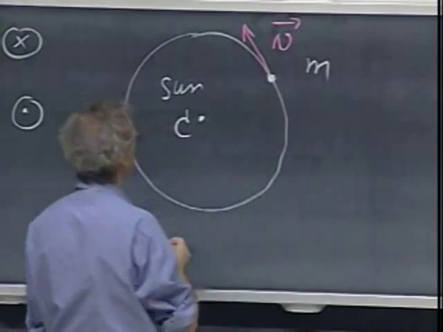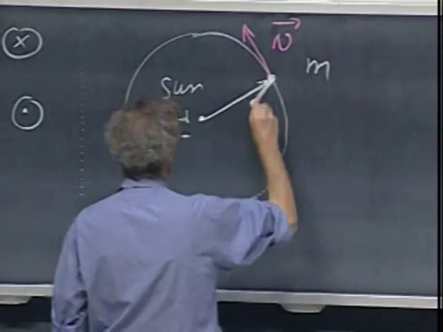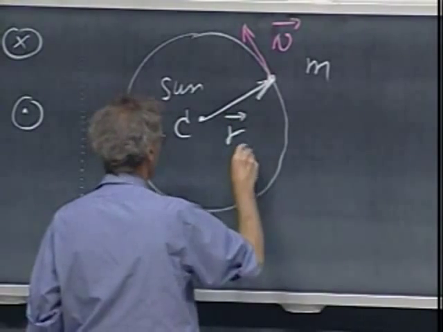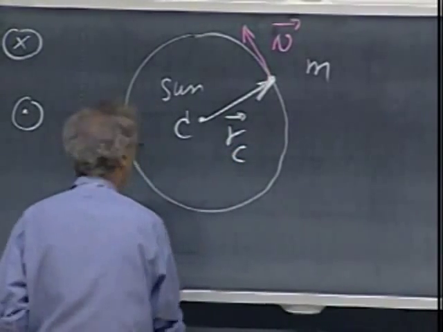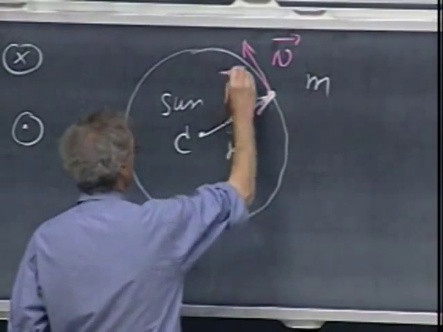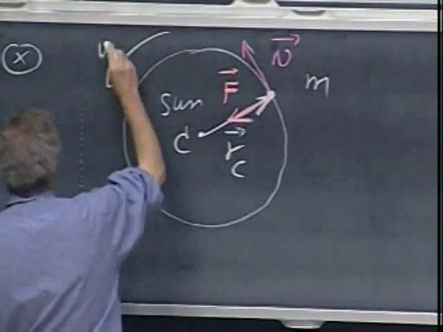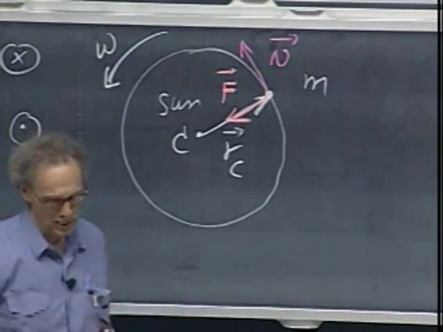The magnitude doesn't change, but the direction does change. The position vector relative to point C is r of c, and then we have a gravitational force, F, which is pointed towards the center, and the angular velocity, omega, is in this direction.